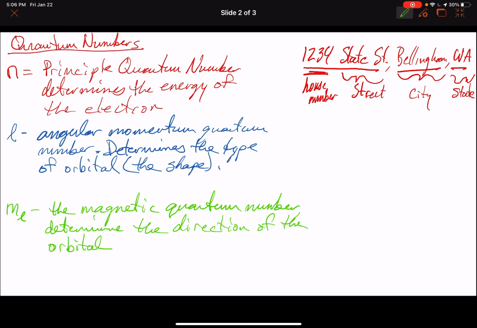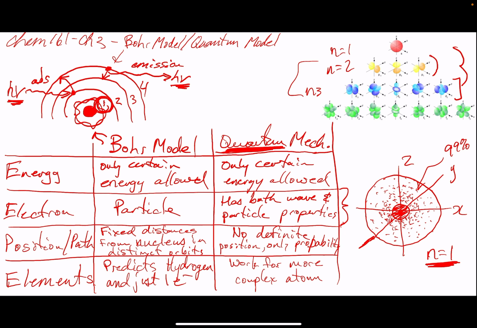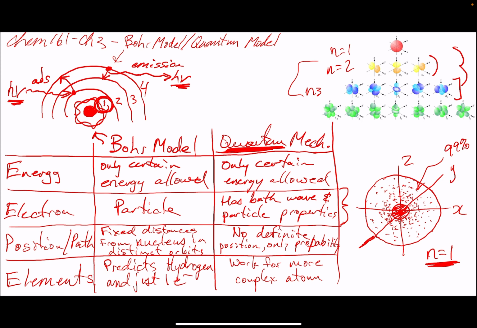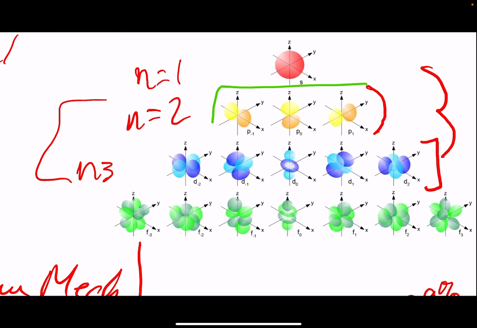So in other words, we'll rewind just a moment. The direction of the orbital, if we take a look here at this area, you can see that the orbital shape is the same in either option, but we've oriented the orbital in a different way.